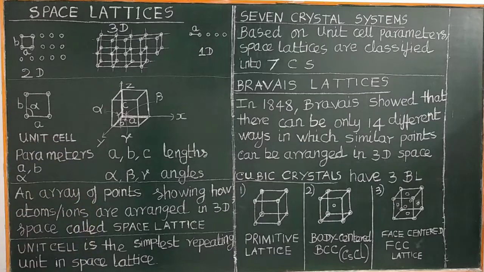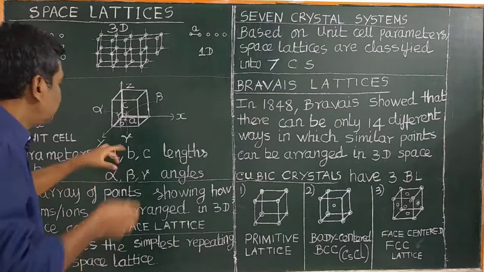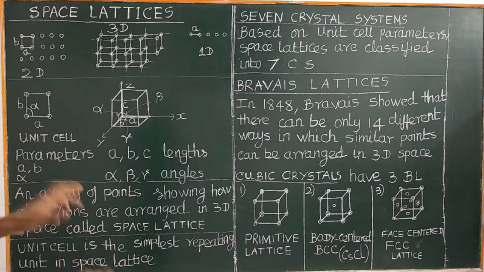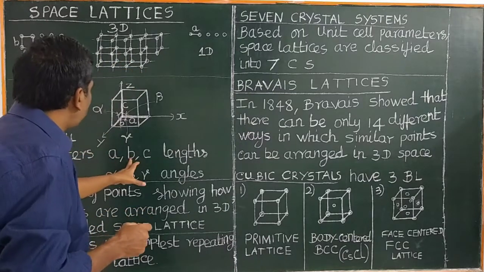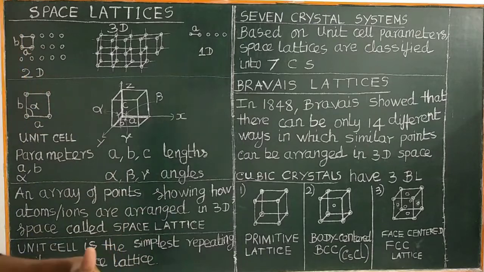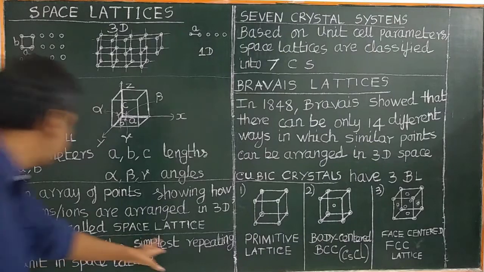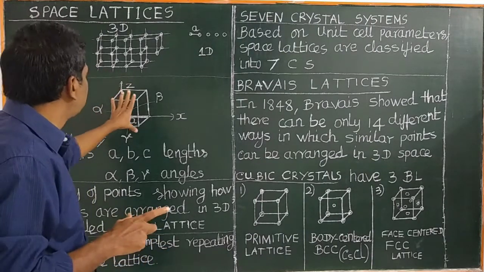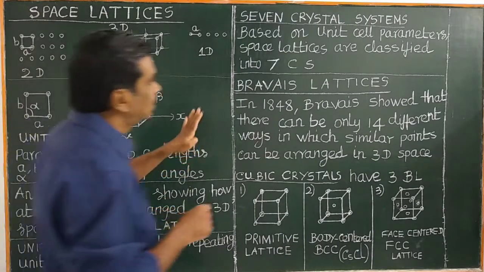This is often asked in competitive examinations. In the triclinic unit cell, A not equal to B not equal to C, and alpha not equal to beta not equal to gamma not equal to 90 degrees. So what is a unit cell? It is the simplest repeating unit in the space lattice.